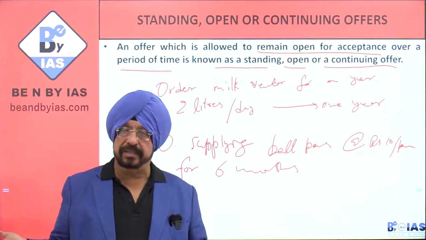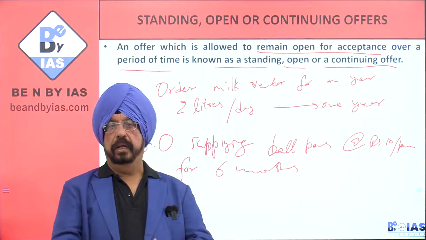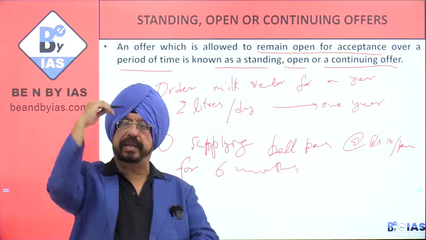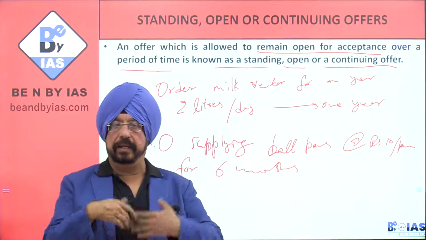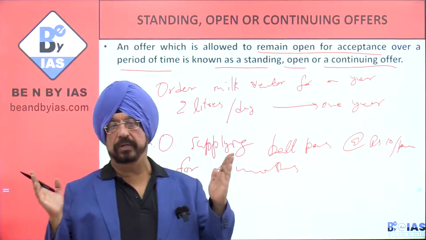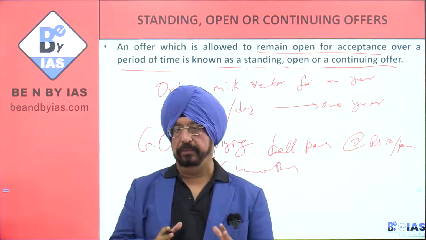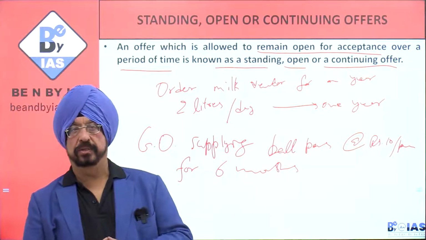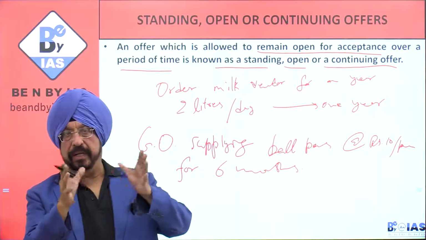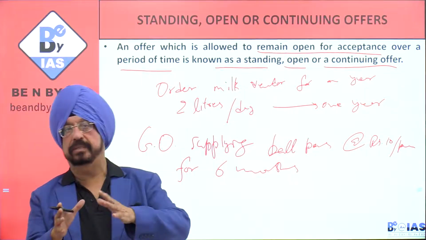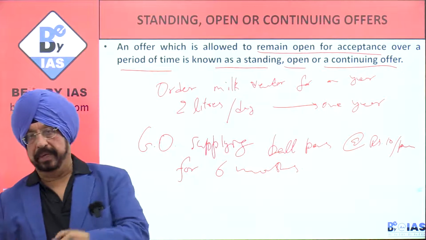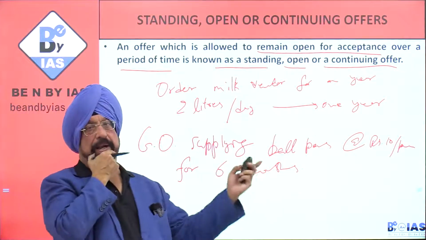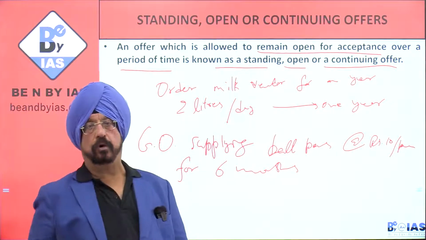We can cancel an open offer. An offer can be cancelled, revoked, accepted any time before its time period is over. That we will see in a number of cases, how this tender and acceptance work. Today's topic is on that only. But this is to give you an idea about an open or a standing offer.